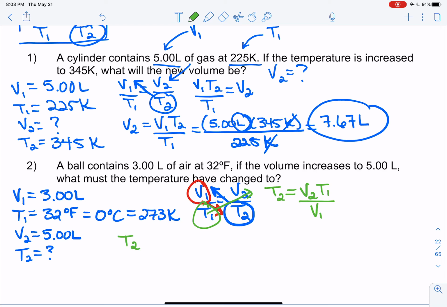So we have that T2 is equal to V2, which is 5 liters, times T1, which is 273 Kelvin, divided by V1, which is 3 liters.